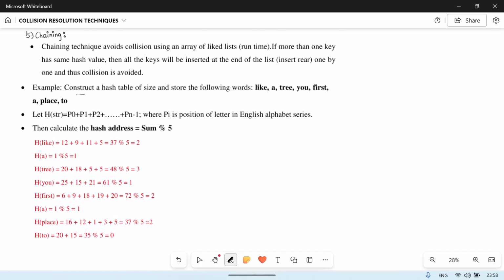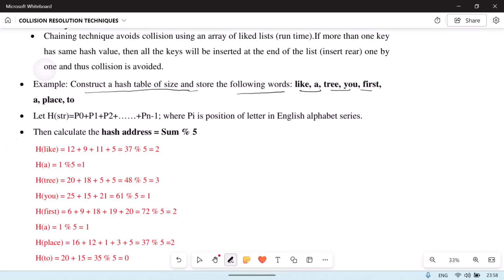It says: construct a chaining hash table of size 5 and store the words like, a, tree, u, first, and so on. The hash function is: add up the positions of all the letters, then take it mod the table size, 5. The first word is h of like.